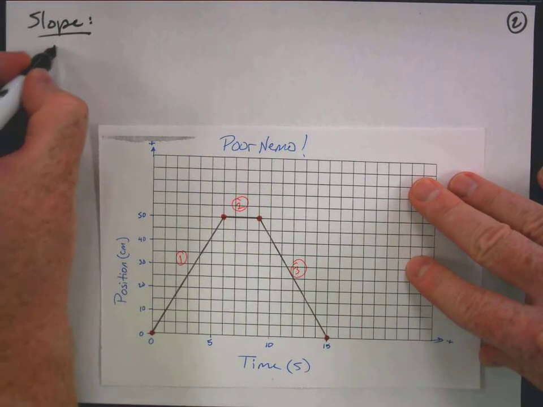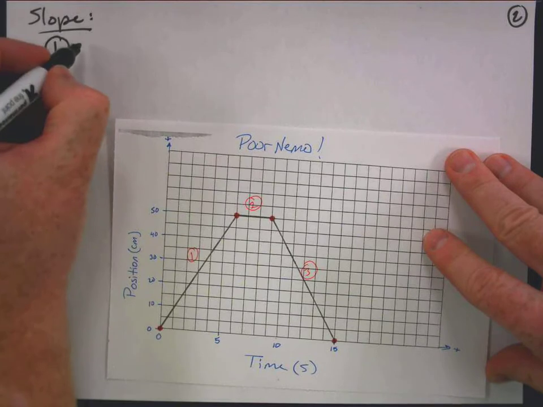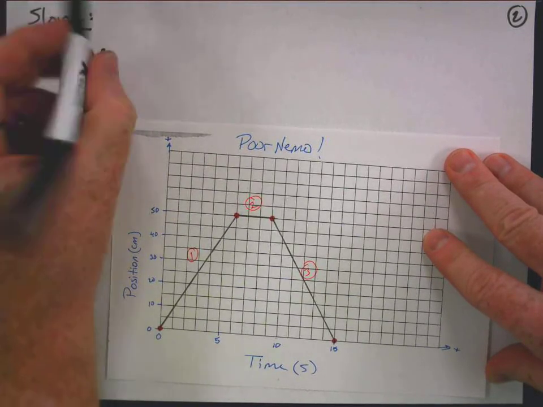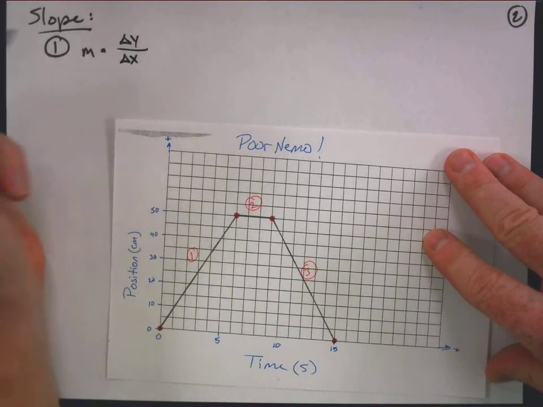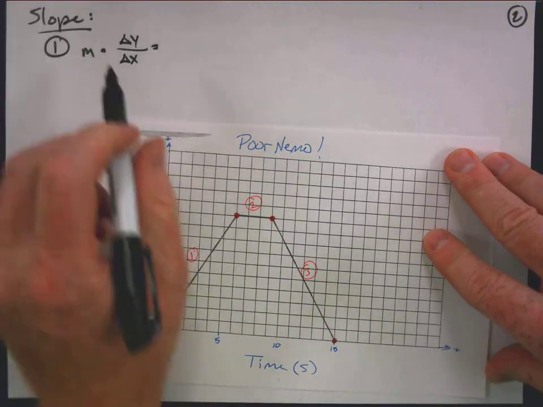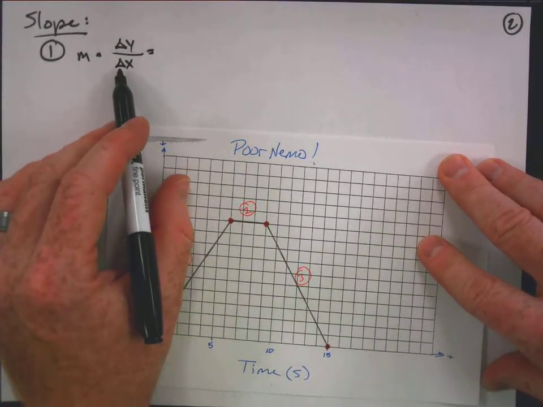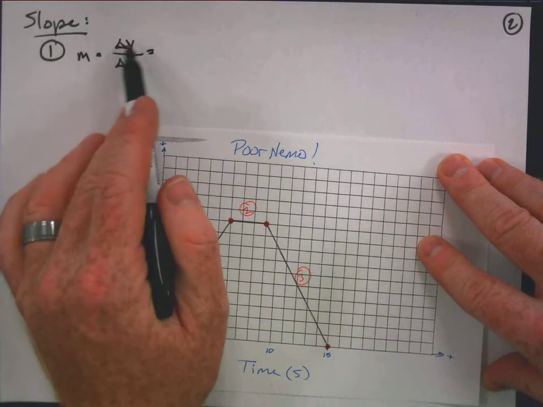In region number 1, what is the slope? How do we find the slope? Well, a slope is usually an m in math class, and that's going to be a change in y values divided by a change in x values. Okay. And a change in y values. So here's an explanation of that delta symbol, that triangle. Anytime you see that, what you say is change in something.